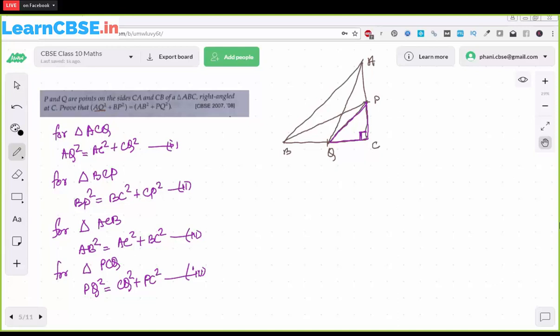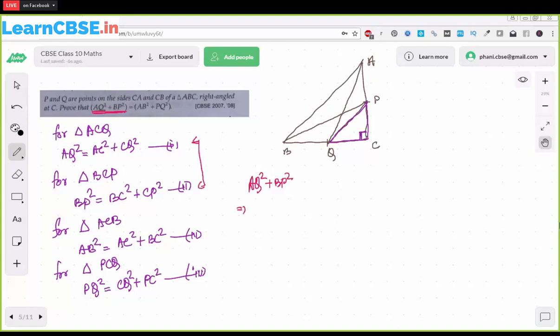So what we can do, from the equation number 1 and 2, we have to add them because if you look at the left hand side of the proof, it includes the AQ and BP. So AQ square plus BP square.